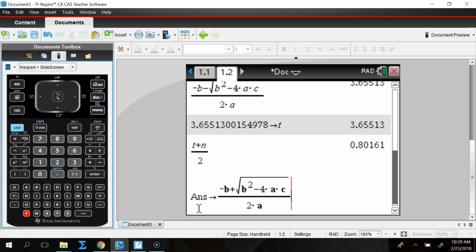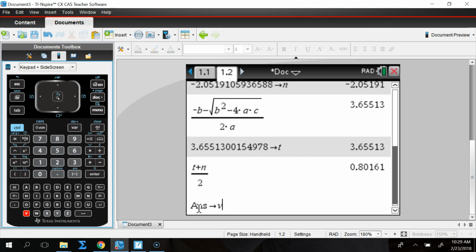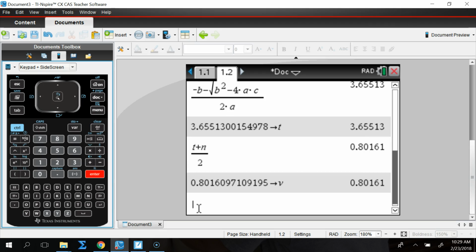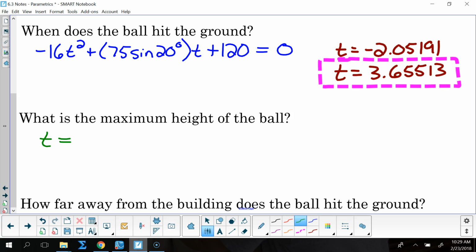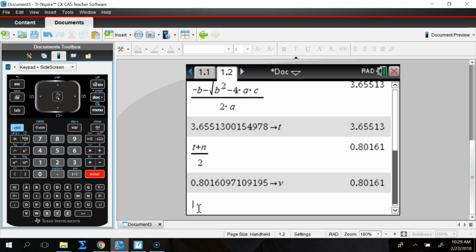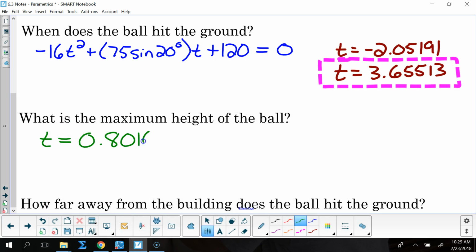We'll call that V. Apparently I can't do V that way, so we'll put it in as V. So that is going to be at a t value of 0.80161. So what do I put that into? This one up here was N. N was my other zero. Yep. All right. So I put that into my y equation, right?